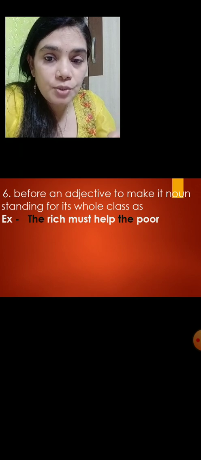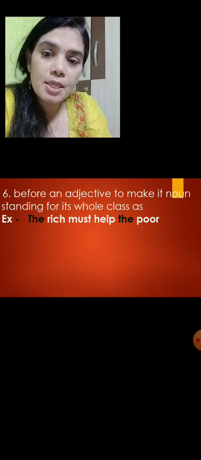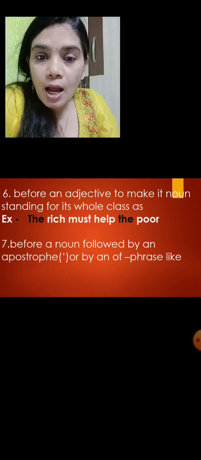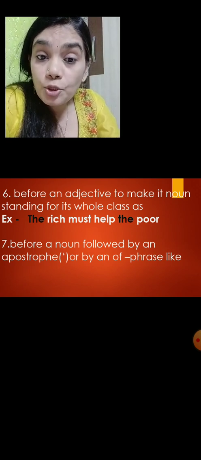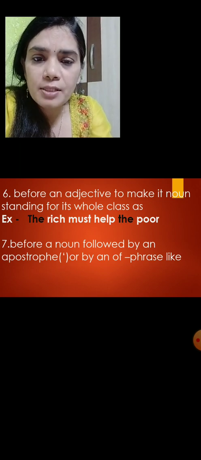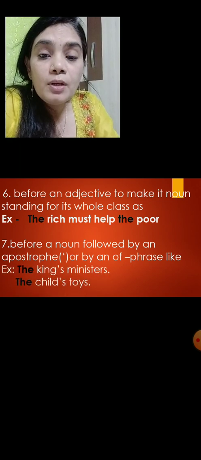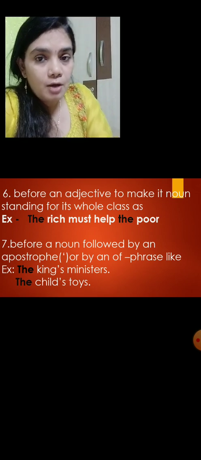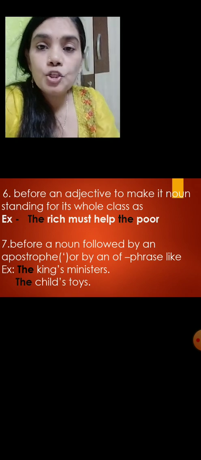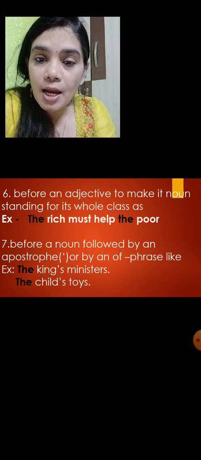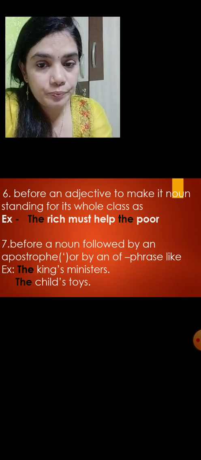The adjective here is used without the nouns. And the next one is before a noun followed by an apostrophe or by a phrase. Like the king's ministers. Here the apostrophe is there, so you will have to use the article the. The child's toys.